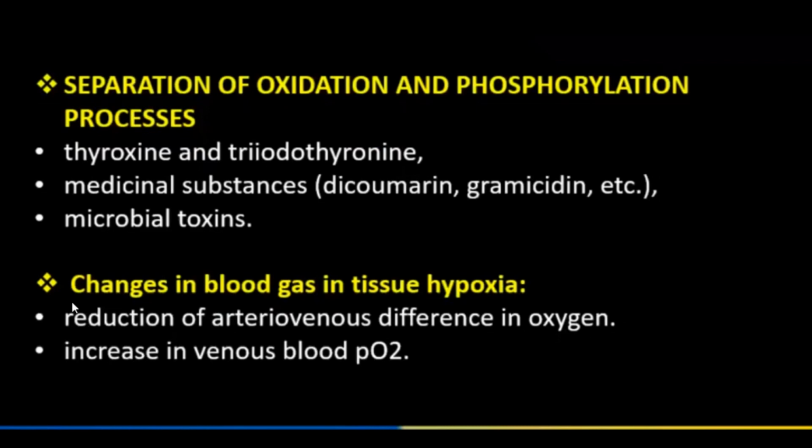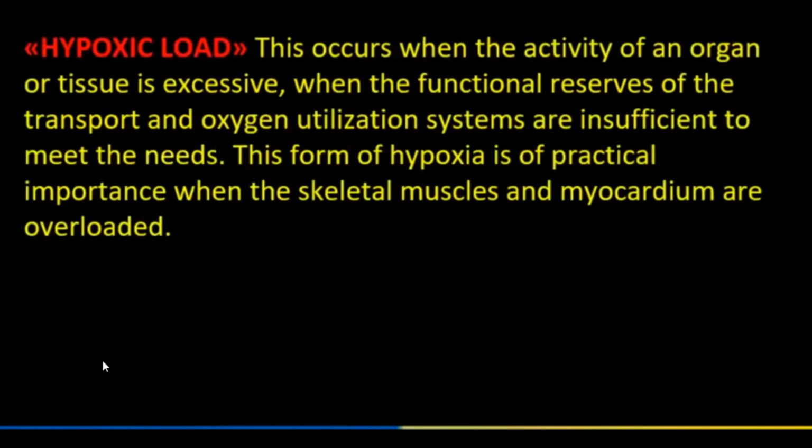Changes in blood gas in tissue hypoxia: reduction of the arteriovenous difference in oxygen and an increase in the venous blood portion of oxygen. And a very important and very hard process is hypoxic load.